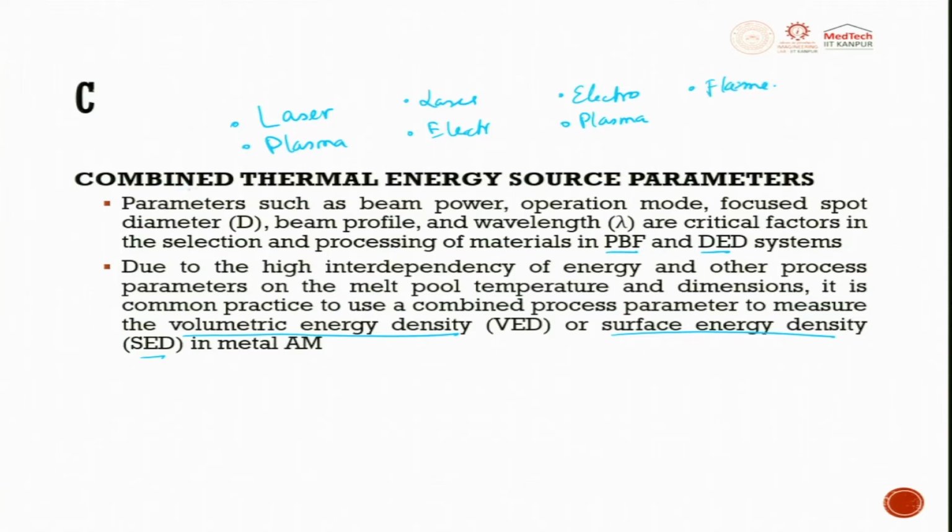So, here combined thermal energy source parameter means you are trying to combine energy sources and also the parameters: beam power, operation mode, focused spot diameter, beam profile, wavelength, etc. So, finally, it is a common practice to use a combined process parameter to measure the volumetric energy density or the surface energy density.